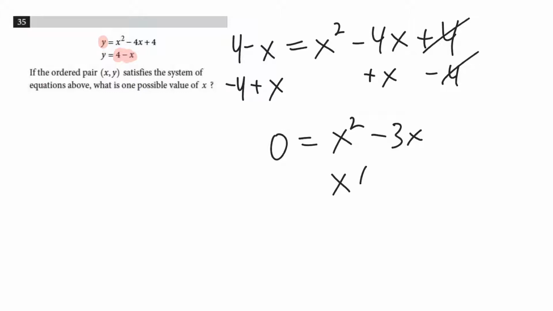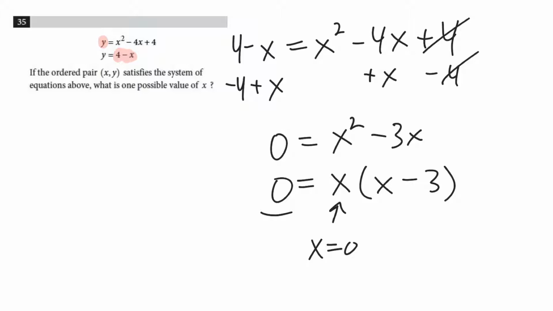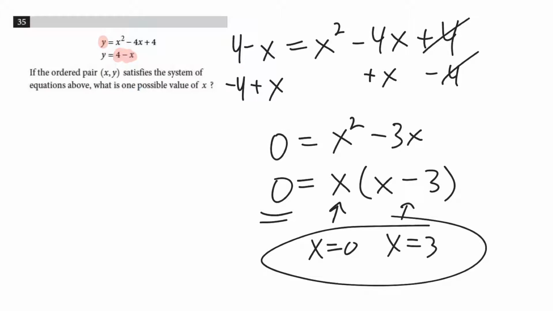So we've got x times x minus 3 equals 0. If the first factor equals 0, then the output is 0. If x equals 3, then this factor equals 0 and the output is 0. So the two possible answers for this would be 0 or 3. Just double checking. Yes, so 0 or 3 for this.